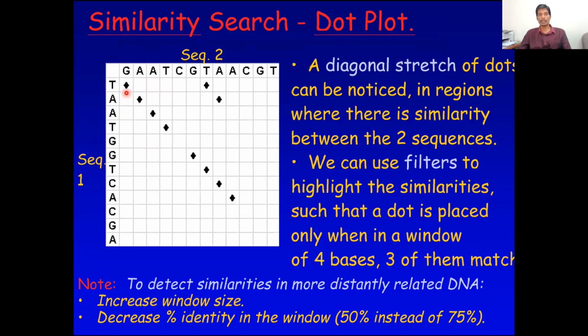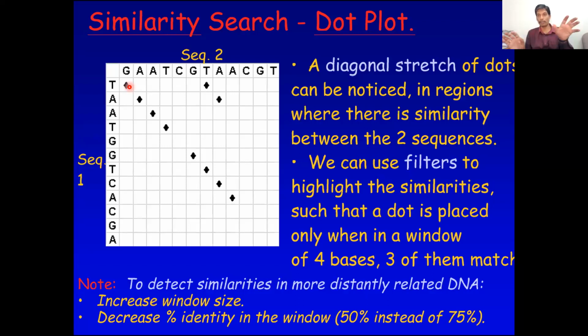The criteria is, when you are in this box, whether to put the dot here or not, the criteria is not to compare just G and T. You need to compare from this G. You take four bases or nucleotides, GAAT, and from here in the y-axis, sequence 1 also you take 4 nucleotides, TAAT, and put all these 4 exactly below the 4.